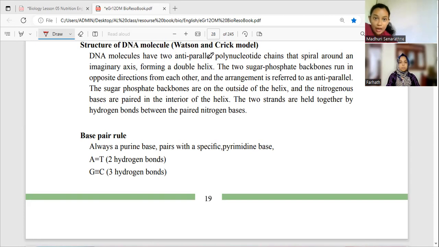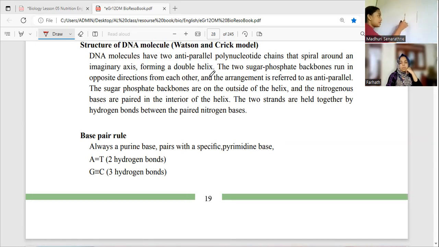DNA molecules have two antiparallel polynucleotide chains that spiral around an imaginary axis, forming a double helix. The two sugar phosphate backbones run in opposite directions from each other, and the arrangement is referred to as antiparallel. Why?